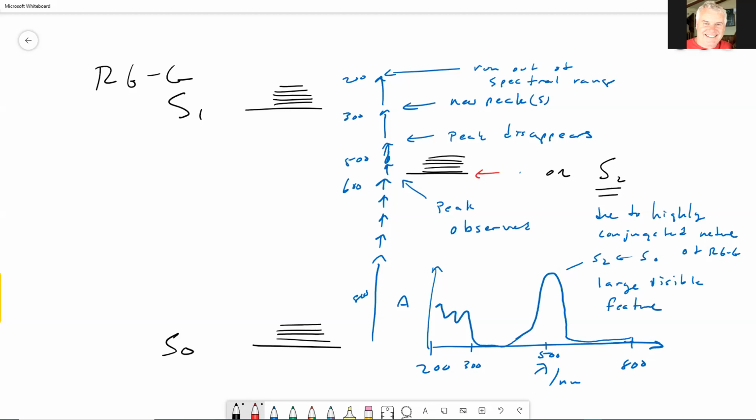So, for example, if we put 200 nanometer light in, actually, I'm gonna have to erase a whole bunch of stuff here, but fortunately, this is all being recorded on video, and we can take a look at it later.